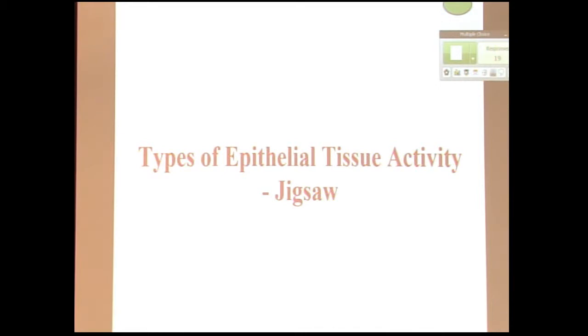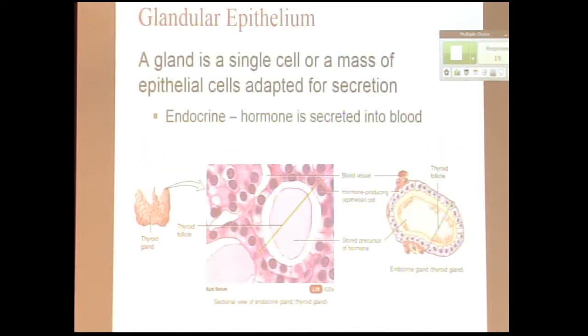All right, so the other kind of epithelium is the glandular, which we'll talk a lot more about when we do the endocrine system in 202. But basically, we said one of the functions of epithelial tissue is secretion. That's the job of the glandular epithelium tissue.